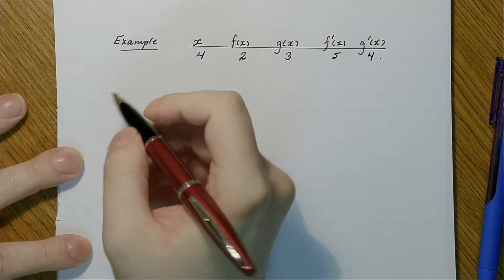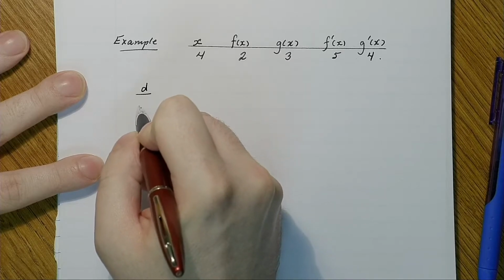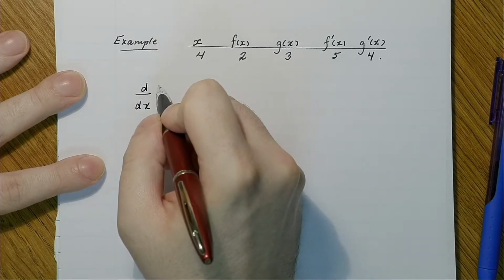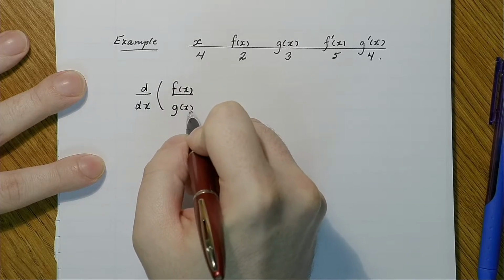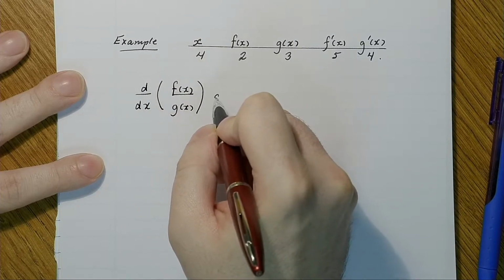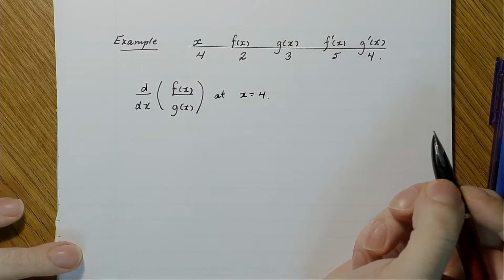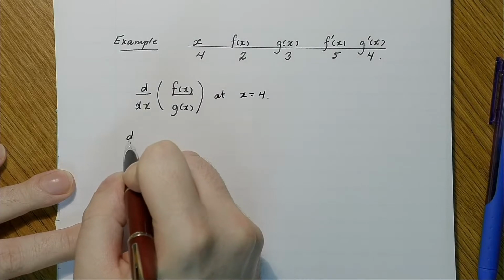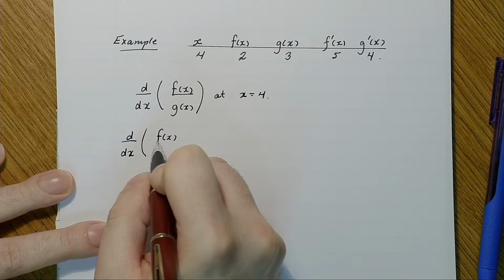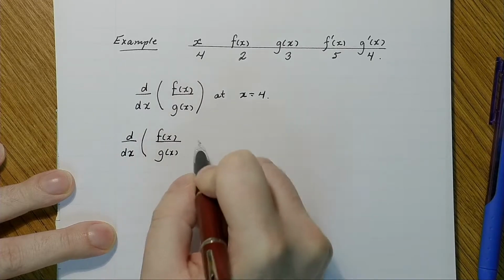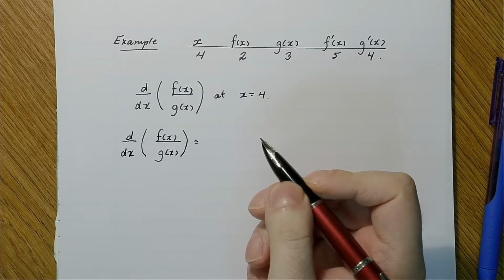And the question is, find the derivative of the function f of x over g of x at x equals 4. Okay, so doing the derivative, what this is testing in this case is the quotient rule.